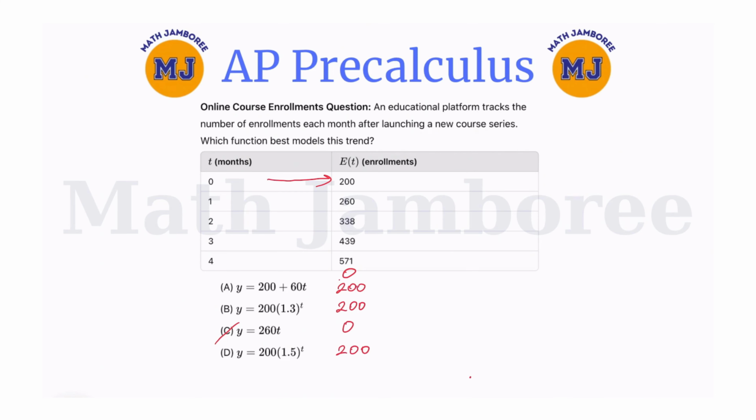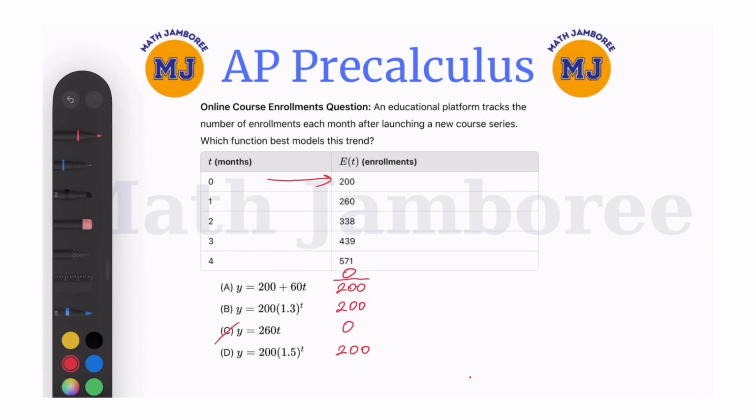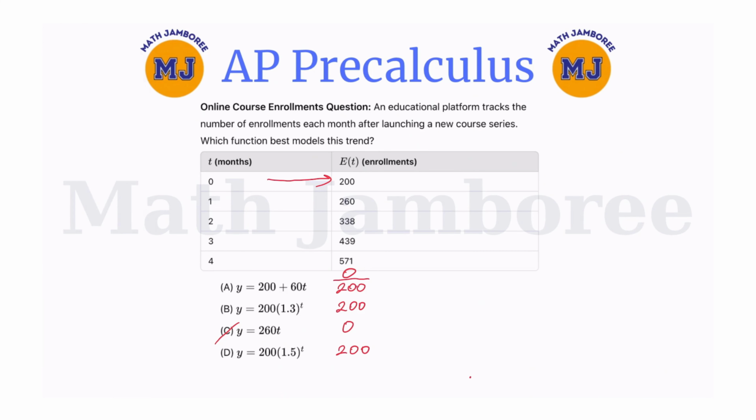So we tried 0. Let's try the second value, which is 1 in this case. When I substitute 1, I'm supposed to get 260 for the enrollment numbers. So 1.3 to the power of 1 is 1.3, times 200 is going to give you 260.